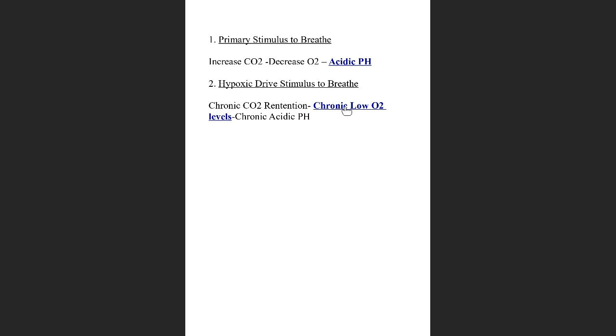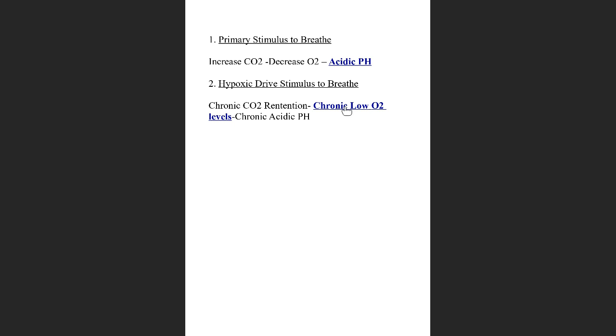In the hypoxic drive, the patient has chronic retention because they have a chronic medical respiratory problem. They have been exposed to toxic fumes, or even some of these COVID patients, after they recover, they have terrible lung damage, and that can cause chronic CO2 retention.